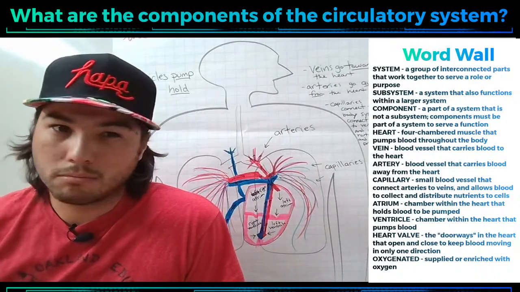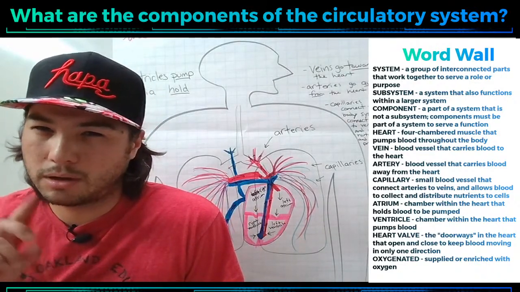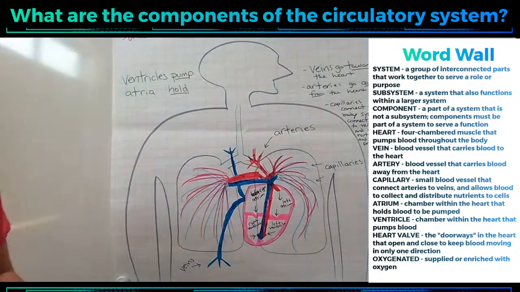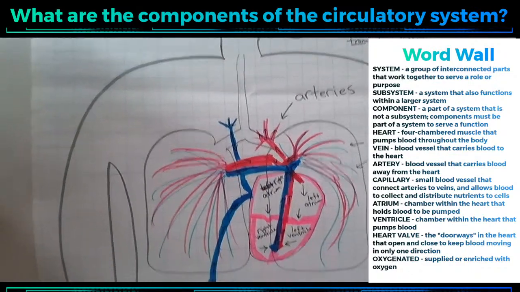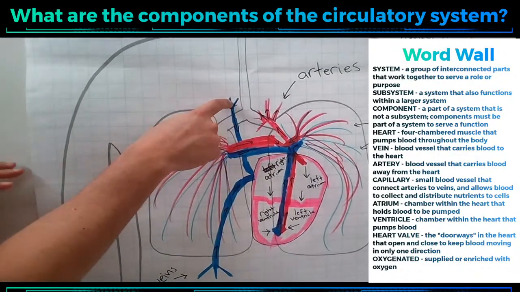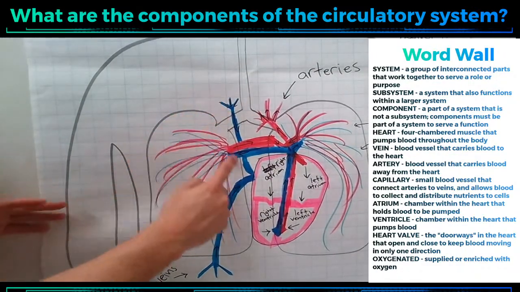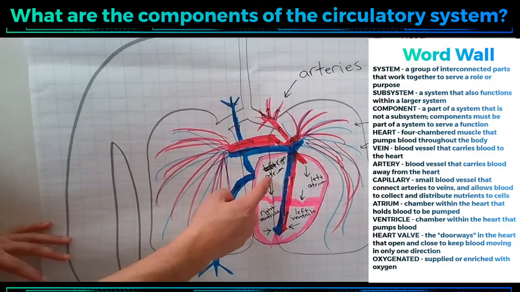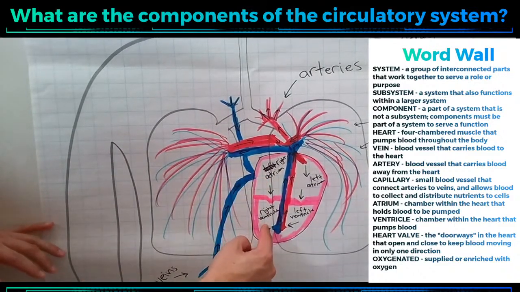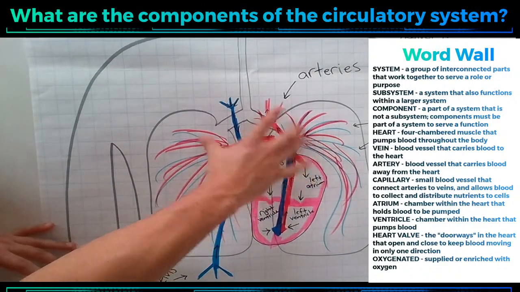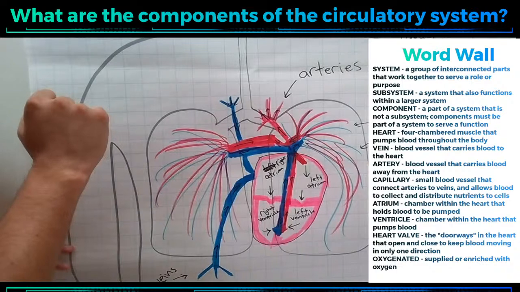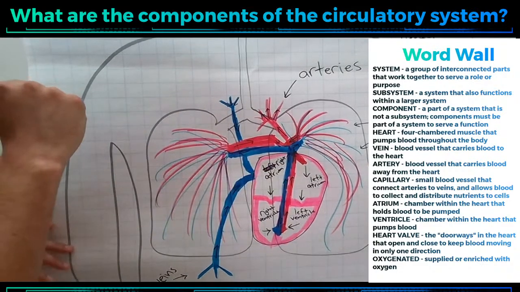All right, so I'm going to go through it one more time, quick. If you were a blood cell, here we go. We're going to take the path one more time. Starting from our vena cava, our veins that connect to the heart. Goes in the heart, into the right atrium. Gets pumped into the right ventricle. Gets pumped up the pulmonary artery and into the lungs, where it gets rid of its carbon dioxide and waste.